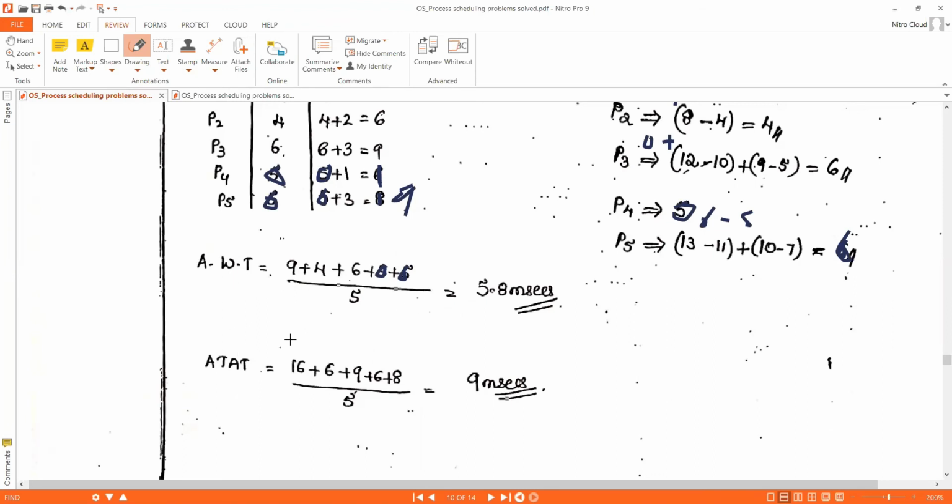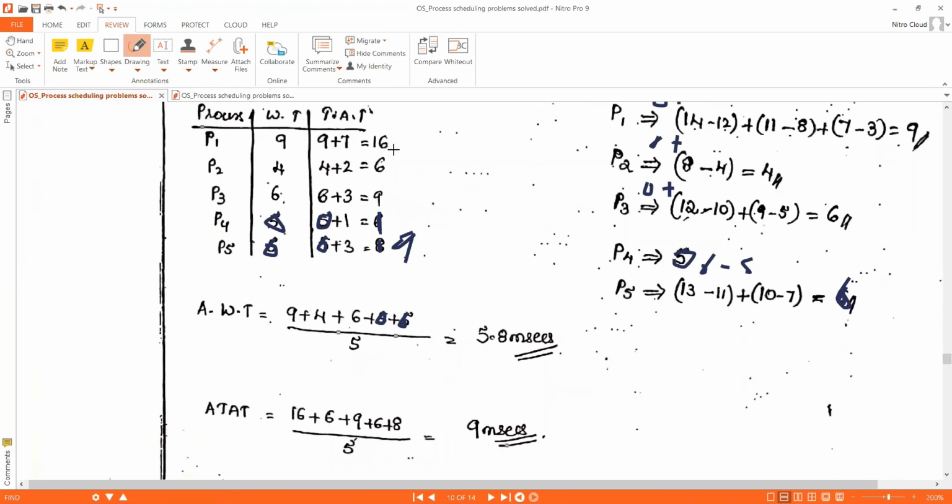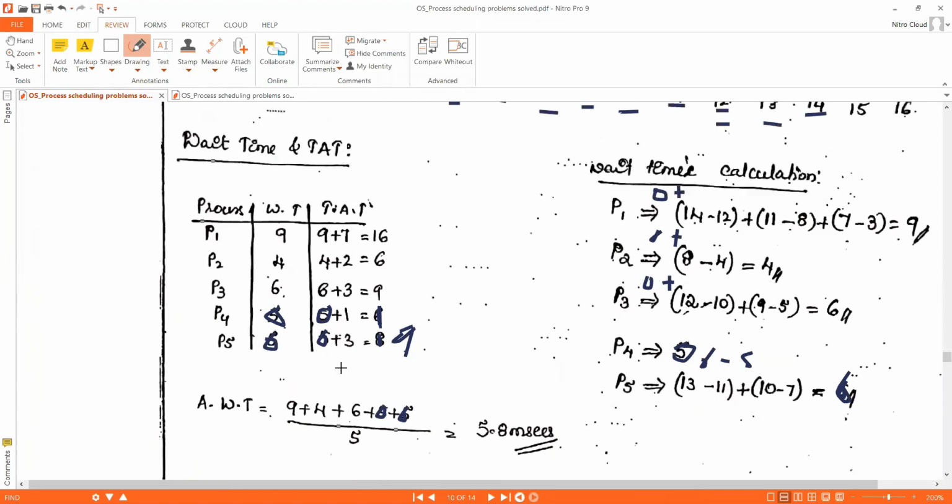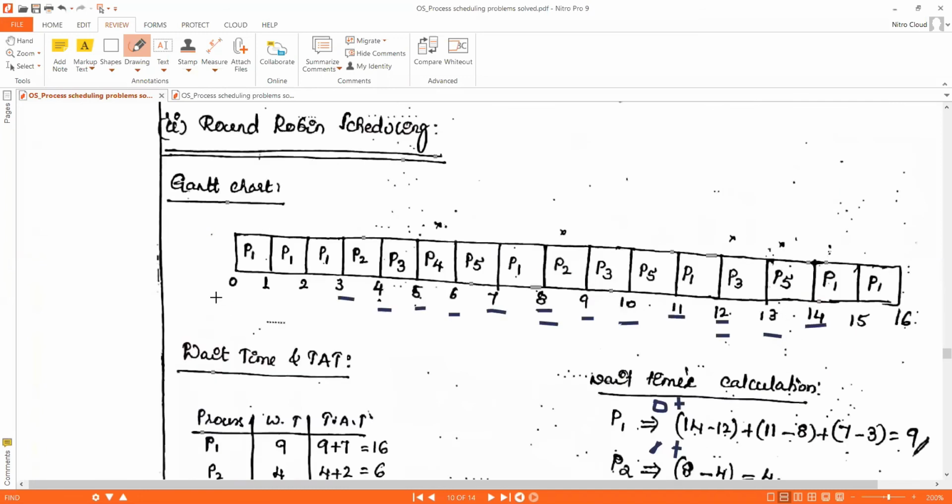Next, average turnaround time is the sum of all the processes' turnaround times divided by the total number of processes. That is 16 plus 6 plus 9 plus 1 plus 9, divided by the total number of processes, 5. We will get the average turnaround time. Like this, we need to solve the problem using the round robin scheduling algorithm.